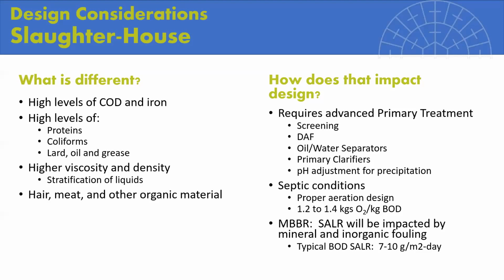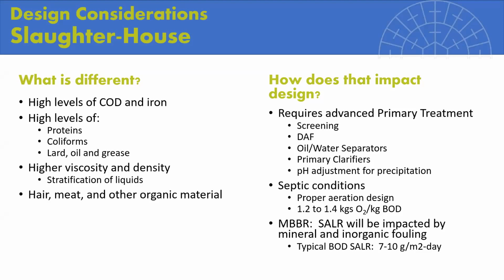So focusing on some real world applications. Over the past few years, we've seen an increase in slaughterhouse design inquiries. As the population increases, so does the human need to consume meat. So there are different types of slaughterhouse processes. I think we're all aware.